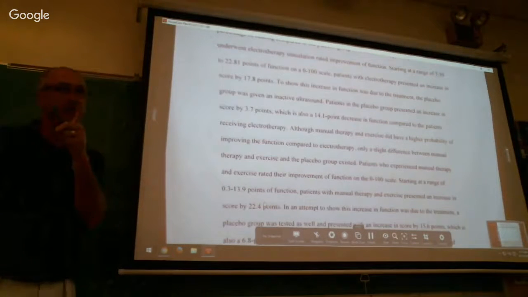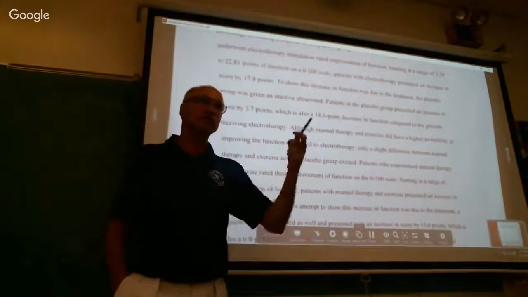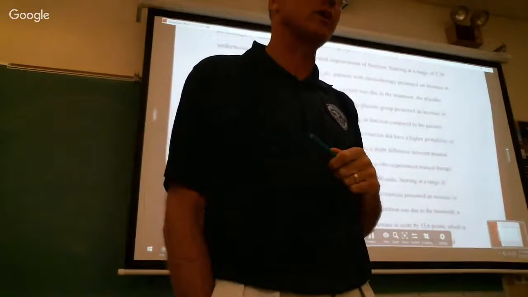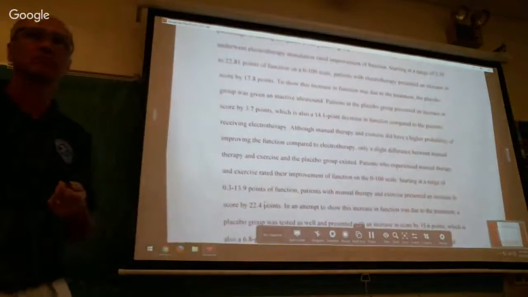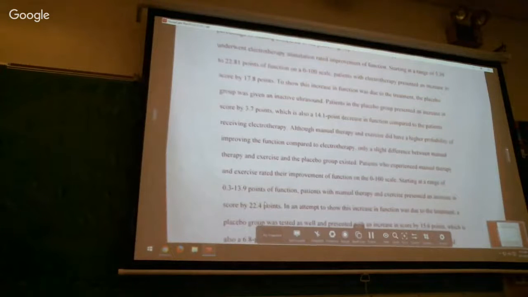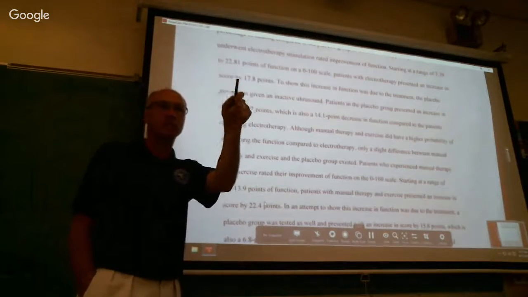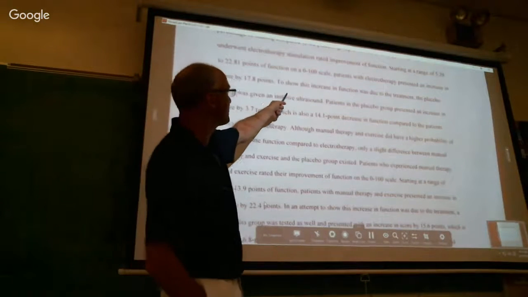But my question now becomes, she showed me a minimal improvement here. How do I know that the treatment caused that change to occur? What would she have to do? Yeah, she would have to show the comparison to the placebo, and that comparison would be validated through the statistics. So I'm looking here to show this increase in function was due to treatment.